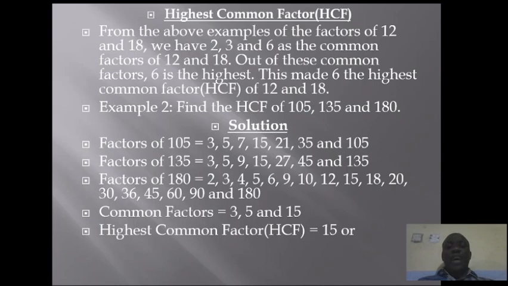The factors of 105 are 3, 5, 7, 15, 21, 35, and 105. The factors of 135 are 3, 5, 9, 15, 27, 45, and 135.